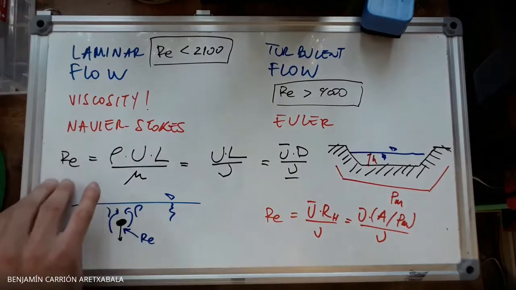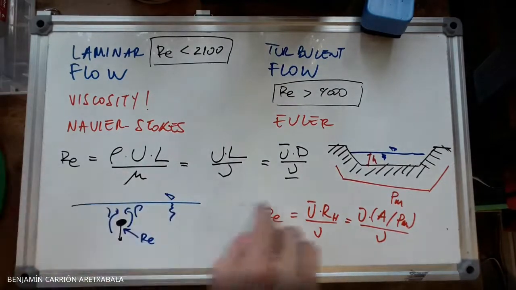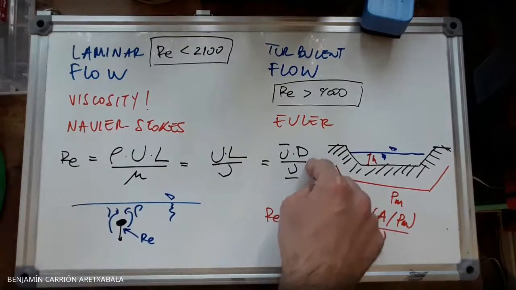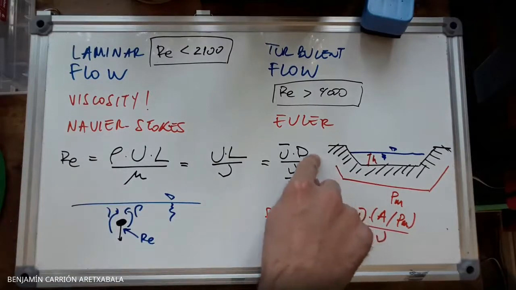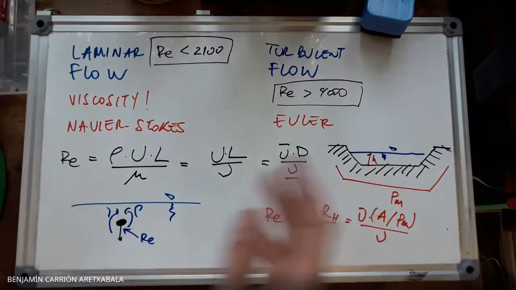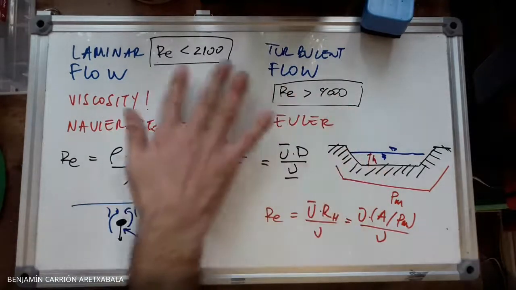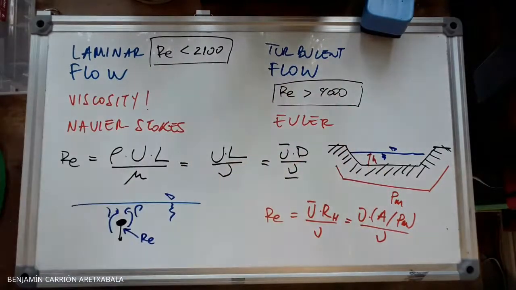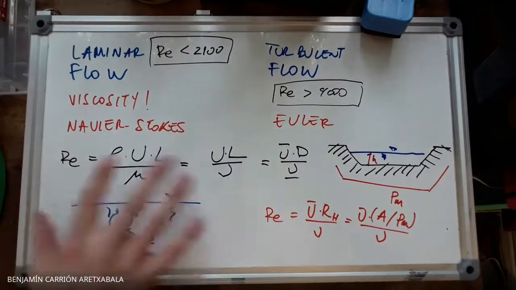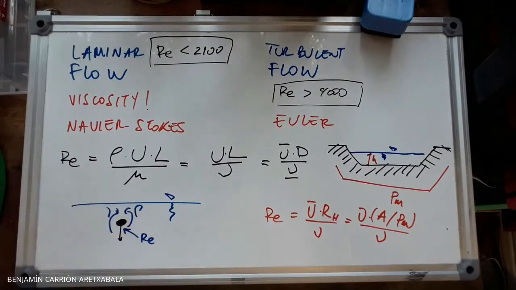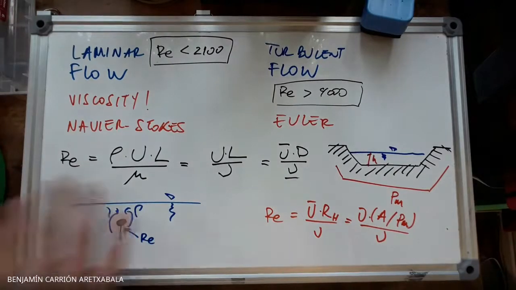If your flow is in a tube or a pipe, then you use the diameter. You can see that if you use the radius, it won't change much. It's just going to double. But the differences we're talking about are hundreds of times, thousands of times. So if you double your estimation of the Reynolds number, it doesn't really matter. This should give you an order of magnitude of what it is.